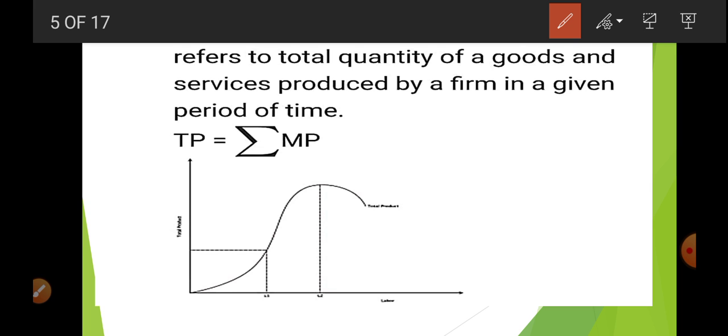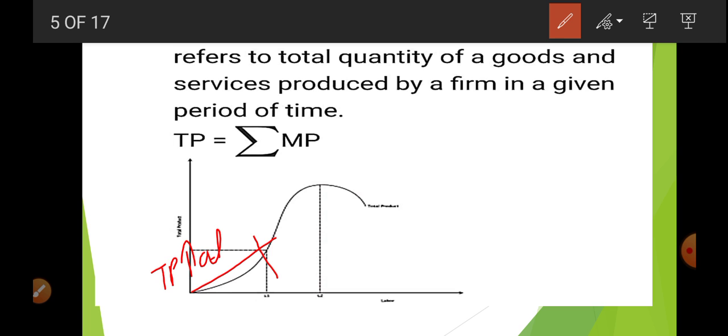Okay students, now if we study this figure, initially from this point, TP increases at an increasing rate.